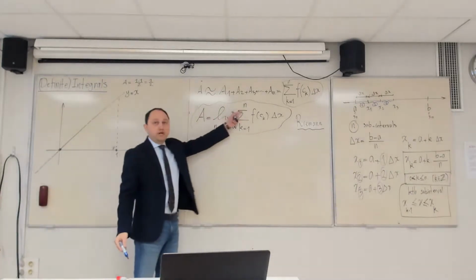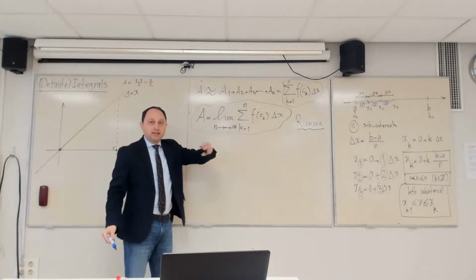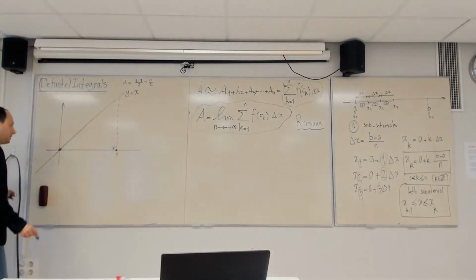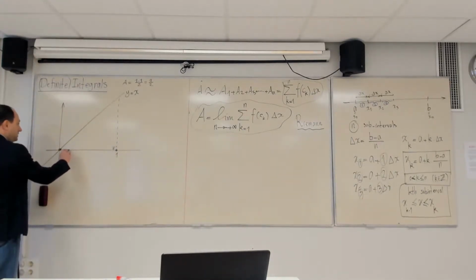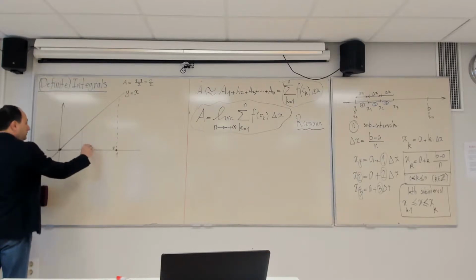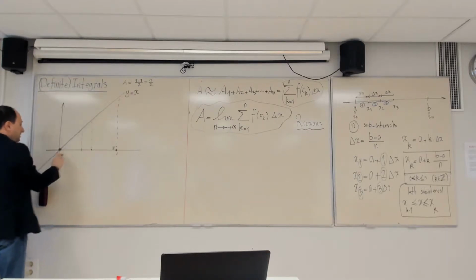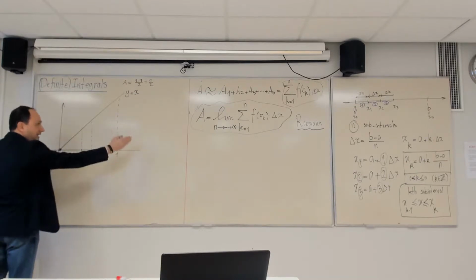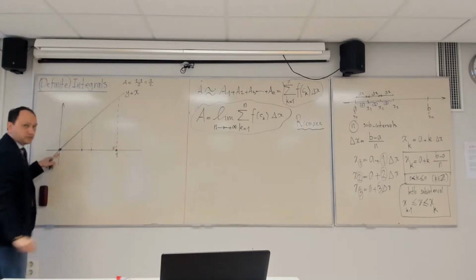I will do it with n subintervals, and then I will send n to infinity at the end. Okay, so what can I do? So for example, let us try to do it. I concentrate only on one of these intervals because it might be hard if I want to draw all of them. So let me consider, I am partitioning from 0 to 1 into n equal pieces.